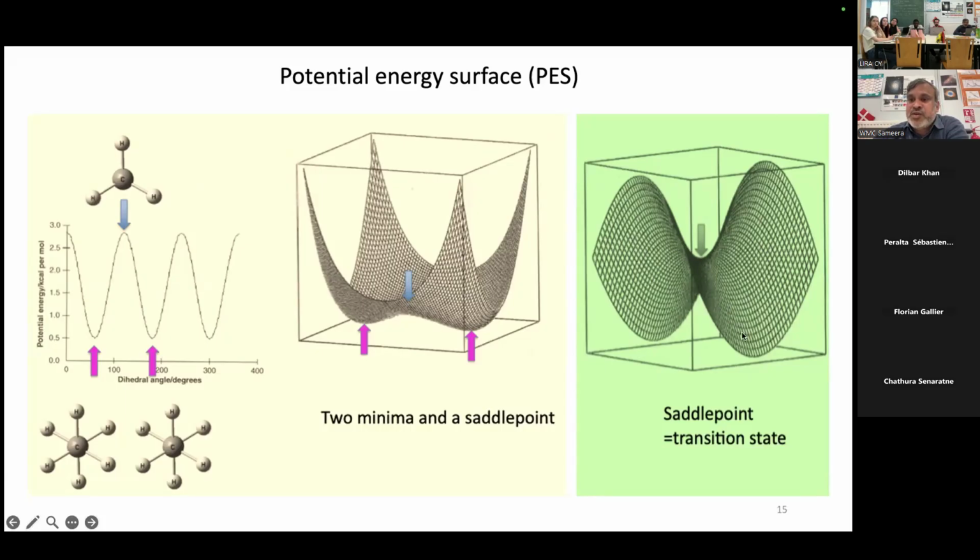In this direction you go to the product, in this direction you go to the reactant, for instance, and the peak point is an energy maximum along the reaction path, but it is a minimum in the perpendicular direction. So it's a first order saddle point. The chemist or biologist or physicist, we are interested in the first order saddle point, where the reactions go from reactant to the product. So we can compute this point, and then we can get the reaction barriers and so forth.